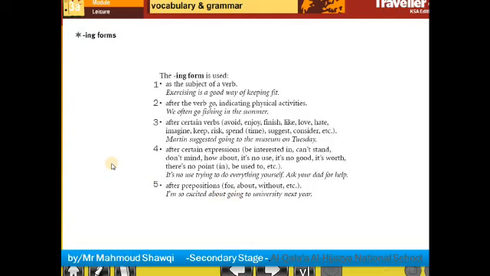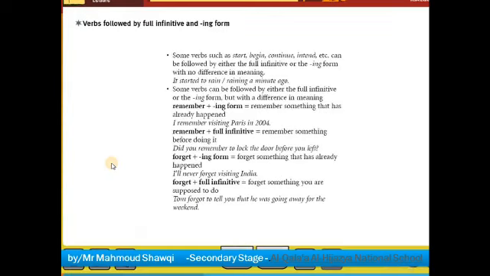Okay? And now, let's move to the verbs that can be followed by full infinitive and ing form. We have here number 1, there are some verbs such as start and begin and continue and intend.